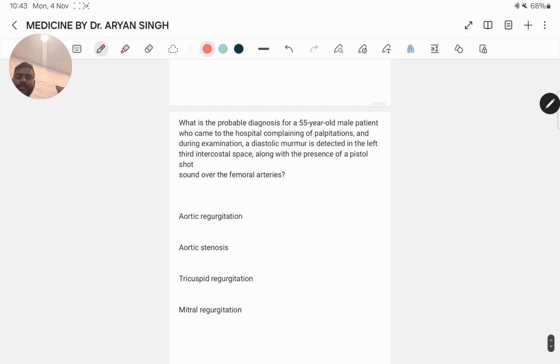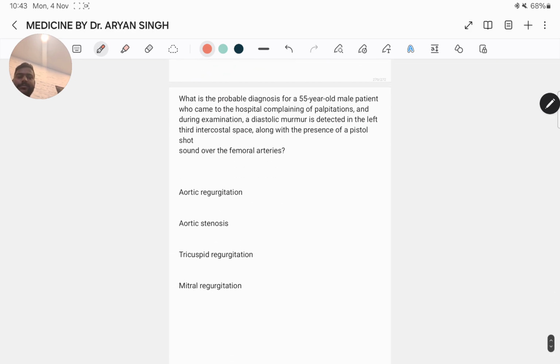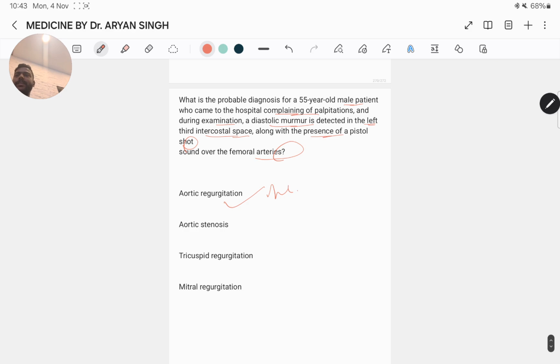Next question: what is the probable diagnosis for a 55-year-old male patient who came to the hospital complaining of palpitation? During examination, a diastolic murmur is detected in the left third intercostal space, along with the presence of a pistol shot sound over the femoral arteries. The answer is aortic regurgitation.